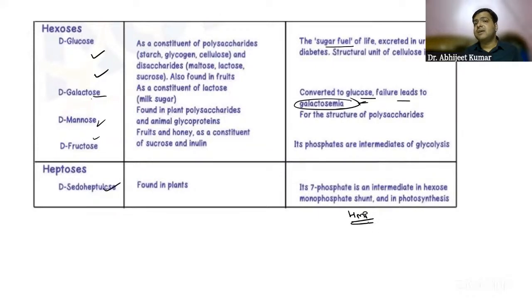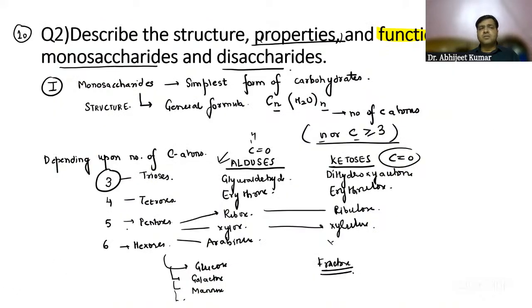I will discuss this hexose monophosphate shunt, a major pathway for the production of NADPH, which is required for all these compounds. So these are the biological importance, or simply the functions, of monosaccharides. Apart from that, let's talk about the properties of monosaccharides.